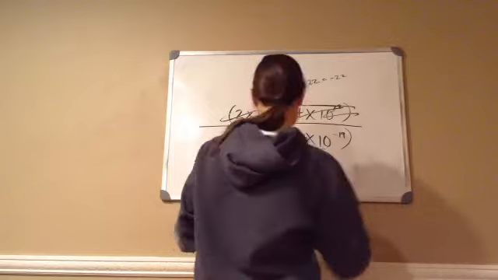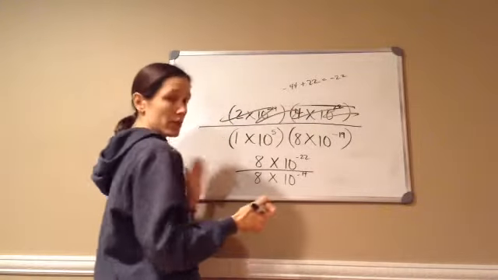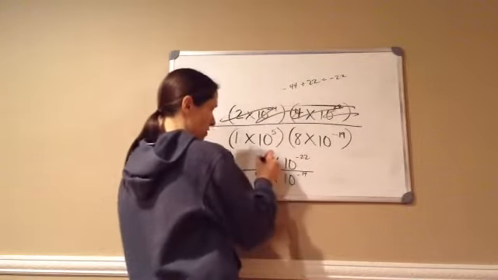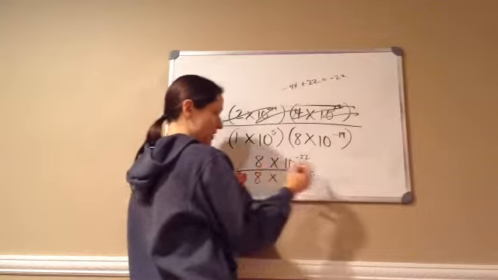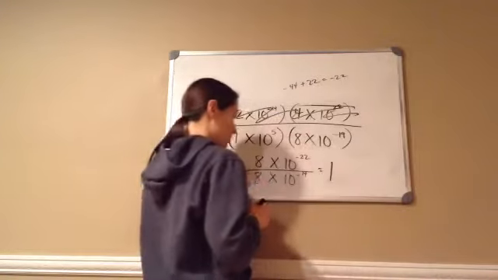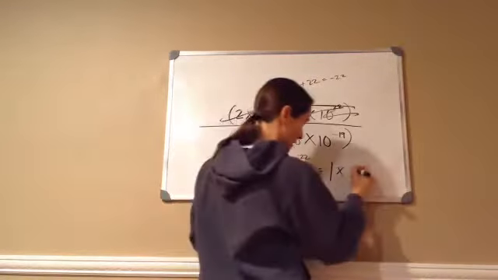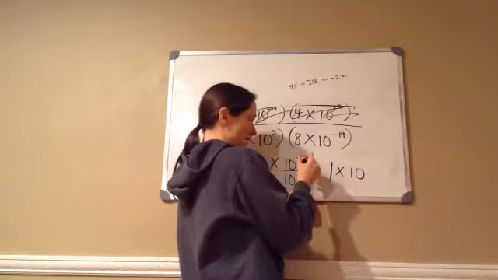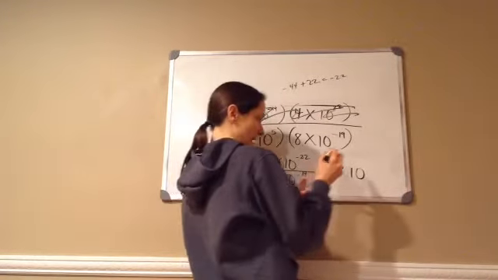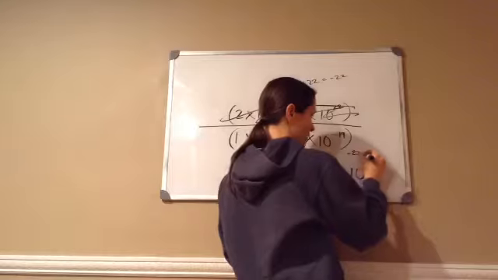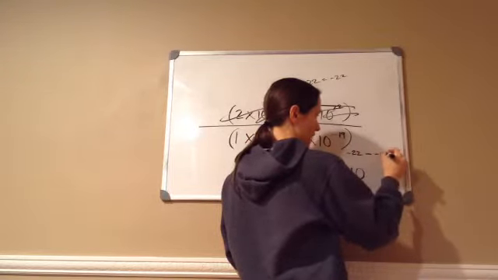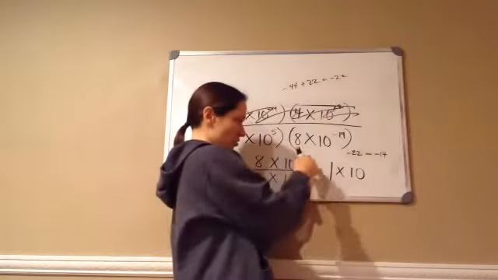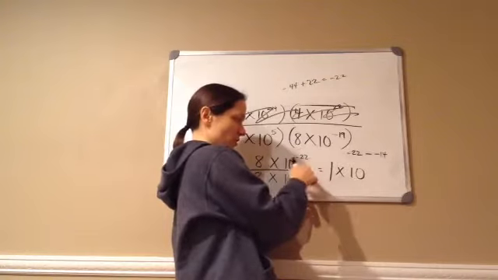Okay, done with that. Now we're going to divide. You divide your numbers first. 8 divided by 8 is 1 whole. And then times 10 to the negative 22 minus the negative 14. Remember, you subtract the exponents when you're dividing.